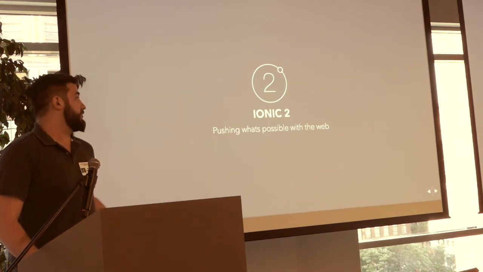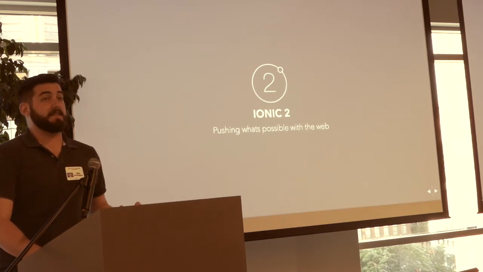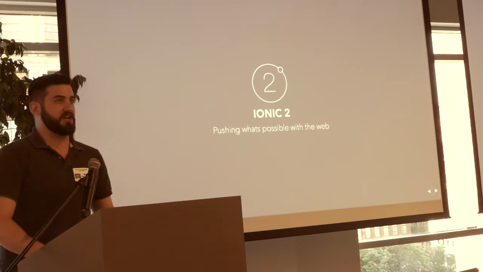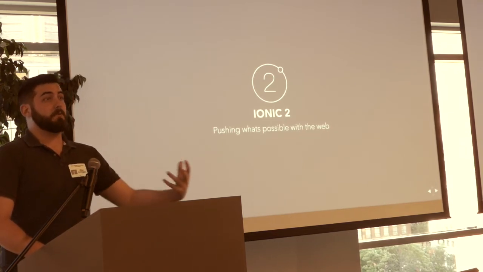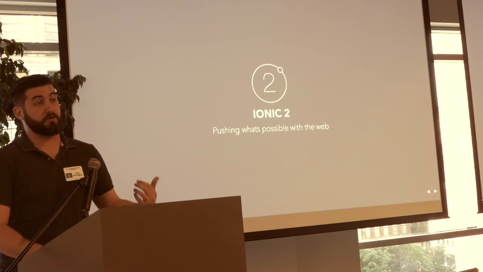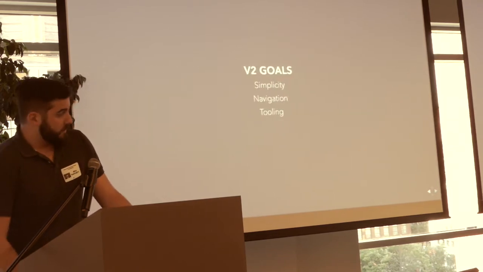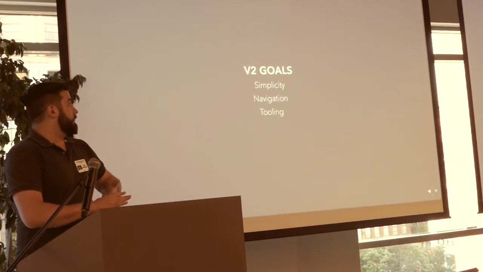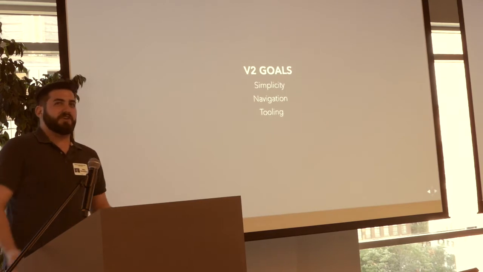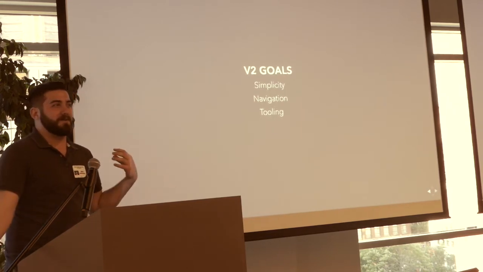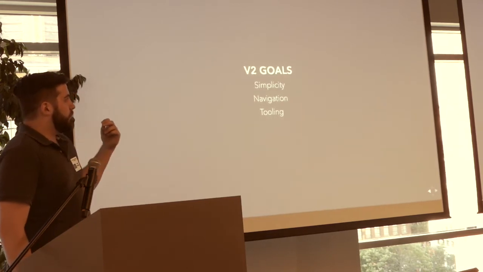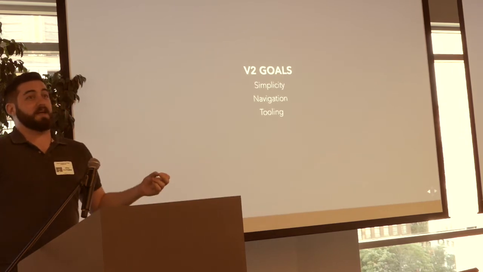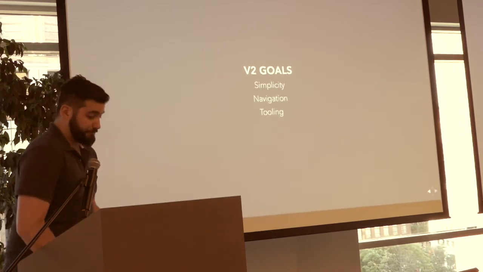And when I say that they're pushing what's possible with web, I really mean that. Think of things that aren't shipping in the browser today, but we can actually use with Ionic 2 and Angular 2. So it's going to seem weird to jump into 2.0 when we're not even talking about 1.0, but we just want to talk about some of the new things that we're working on with 2.0.